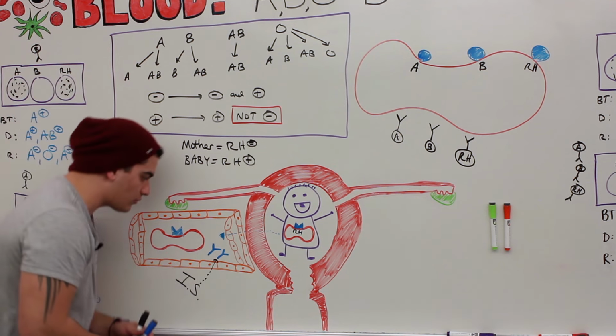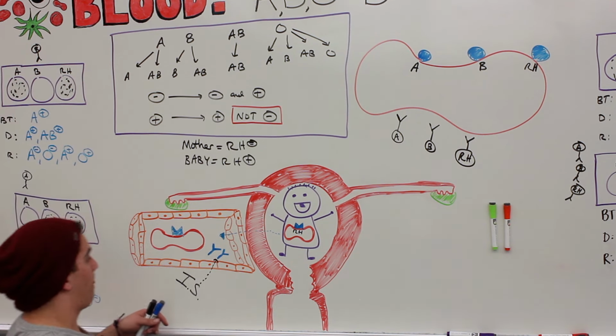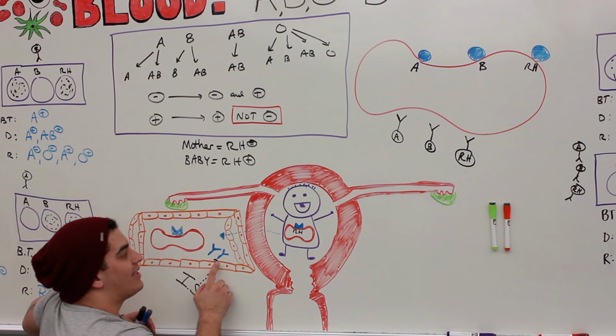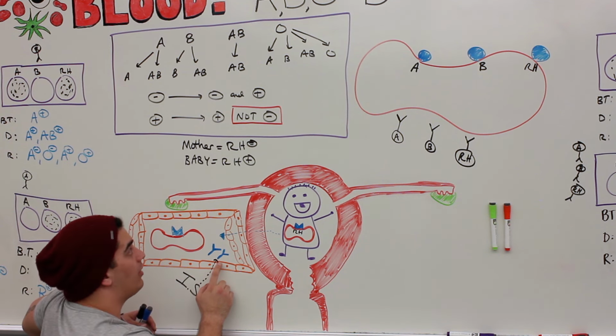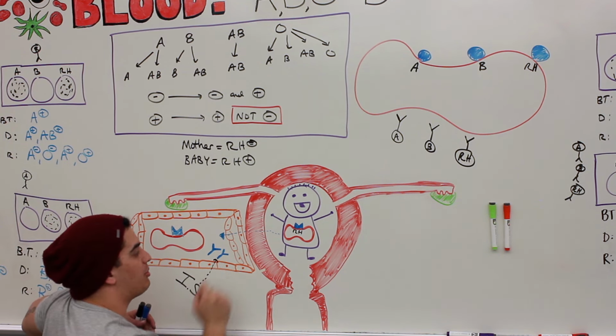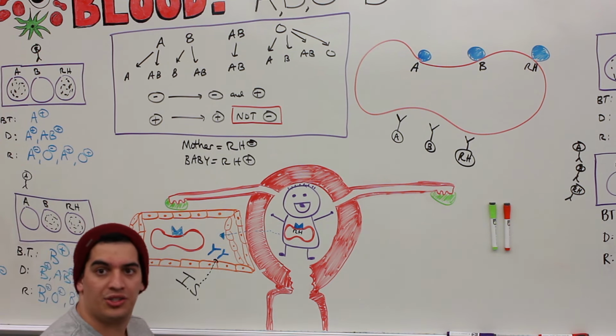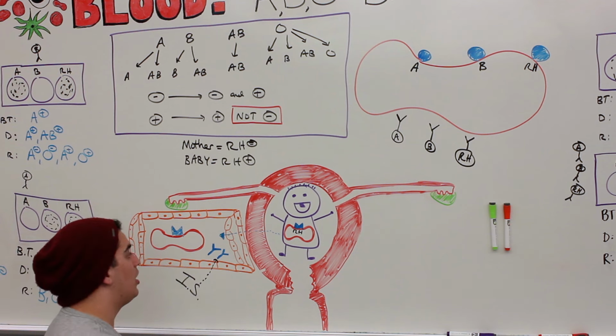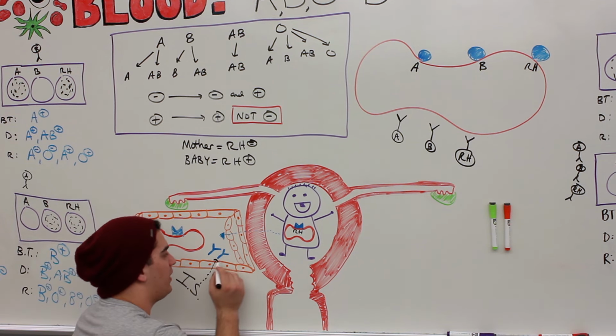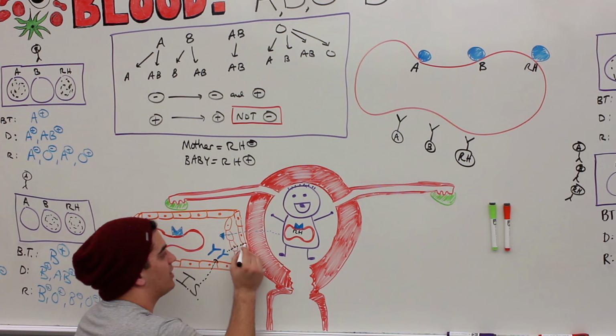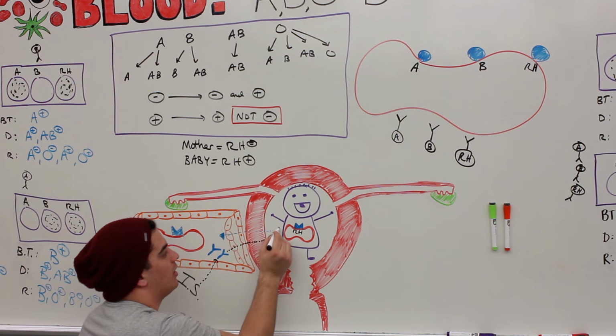But now, watch what happens here. In the second birth, if the mother is again having a baby who's Rh positive, these antibodies can cross the placenta. They're IgG antibodies, and specifically IgG antibodies can cross through the placenta. And look what happens over here.